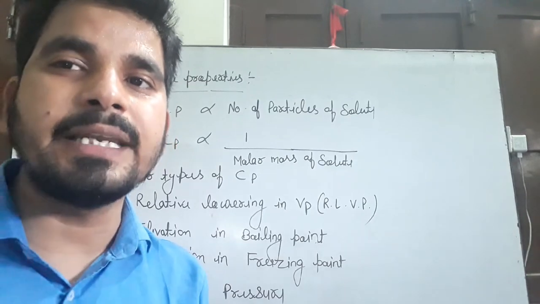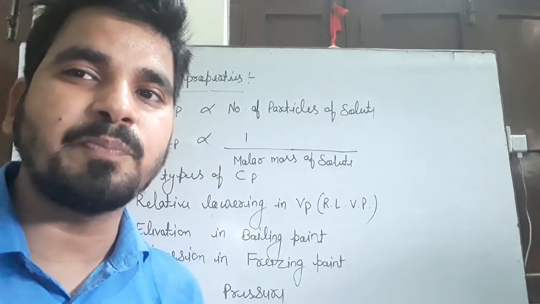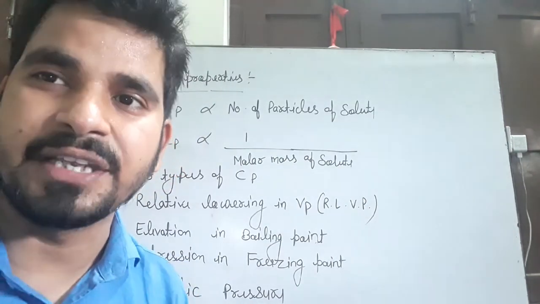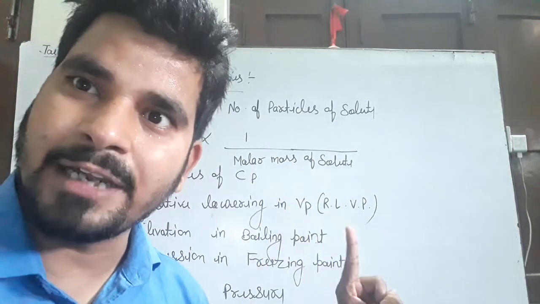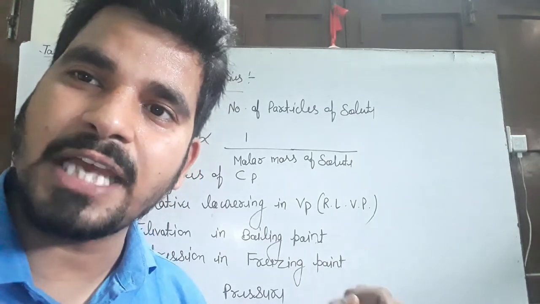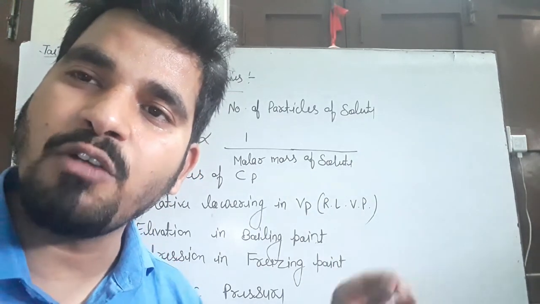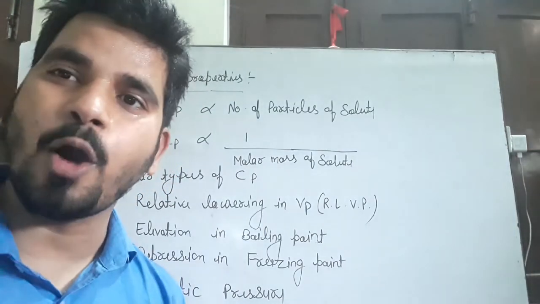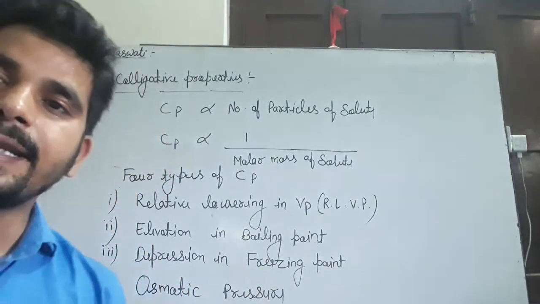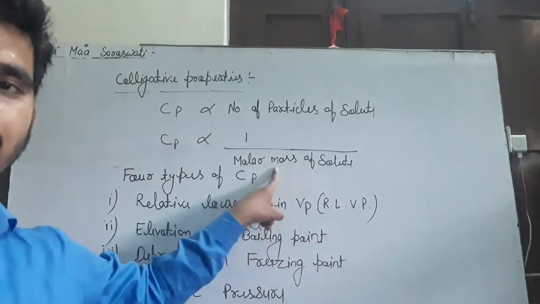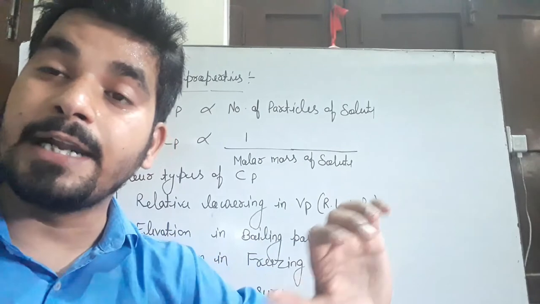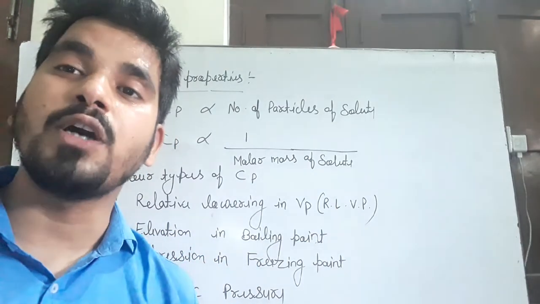So particles increase, but molar mass per particle was 100 earlier, and now one particle has 50. So colligative property is inversely proportional to molar mass and directly proportional to the number of particles of solute, and it will be clearer in van't Hoff factor.